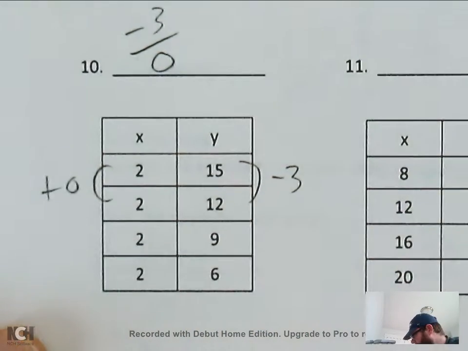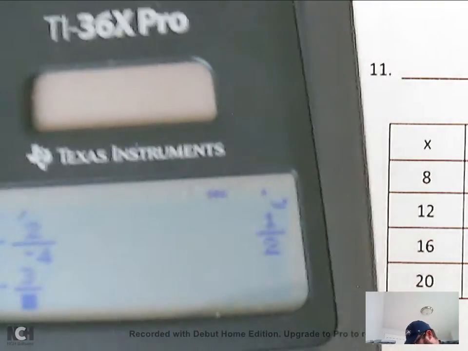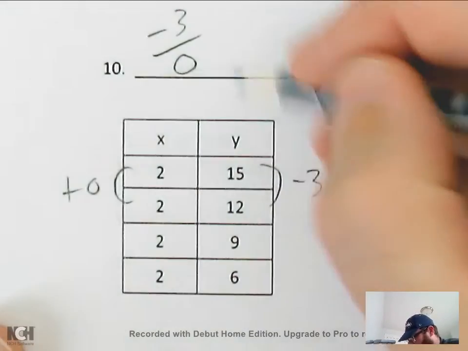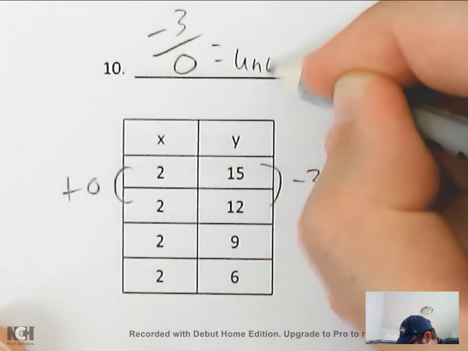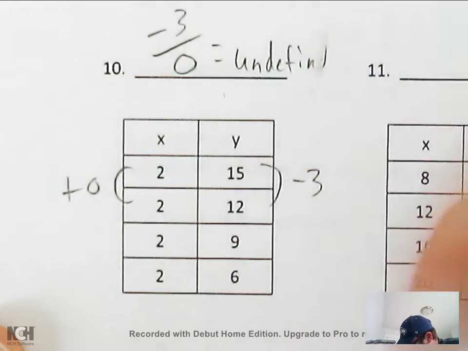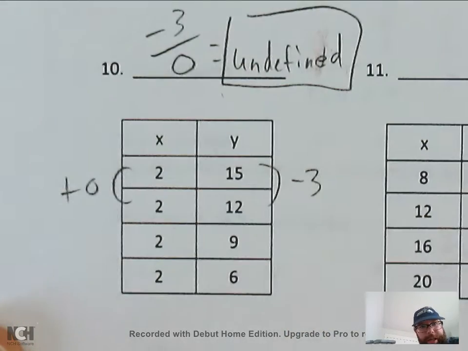Now if you put negative 3 over 0 in your calculator, it gives you the error, right? Because this is the undefined slope. If you draw this, it's going to be a vertical line. This is undefined. I didn't write all the answers. Learn to spell. Okay, there is your correct answer there.